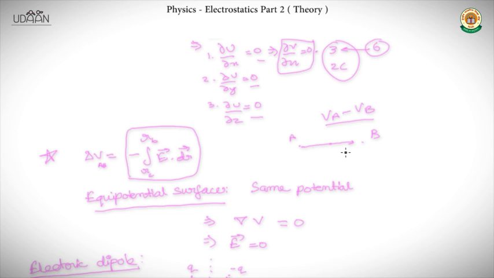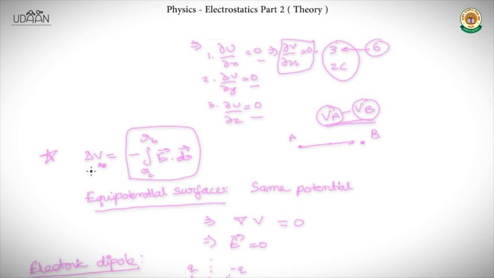Exactly. So there is one thing you should notice here, that it is independent of the path. Because VA is defined for a particular point, VB is defined for a particular point, which means VA minus VB is defined for 2 points.